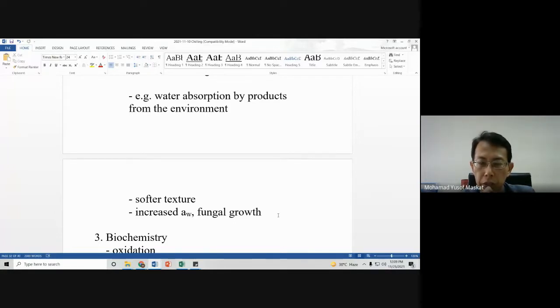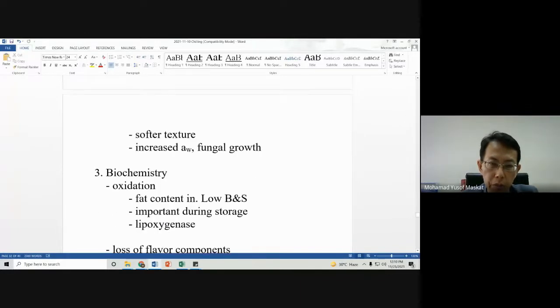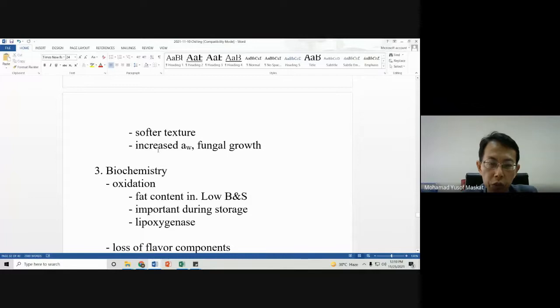And what happens is that the water activity in that dried product will increase and will allow the growth of microorganisms. So softer texture, increased water activity, and then fungal growth.